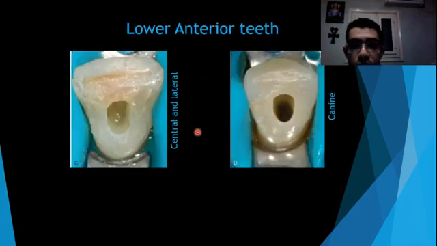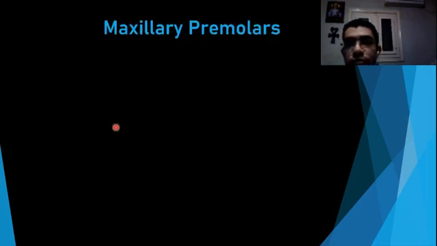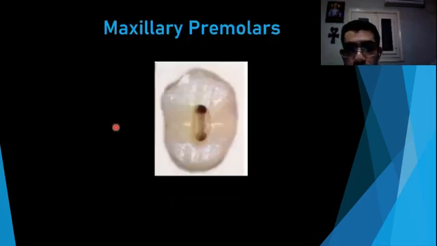For lower anterior teeth, for lower central and lateral incisors, our access cavity outline is nearly oval, and also for the lower canine it's nearly oval, and we do it usually from the middle of the middle third. For maxillary premolars, usually we have two canals.